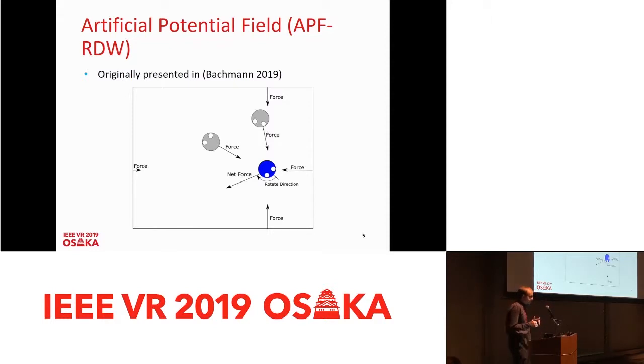You sum these forces, and that gives you the net force, and the user is steered towards that net force vector. The advantage of this approach is that it's very simple to calculate, and the target the user is steered towards is dynamic.